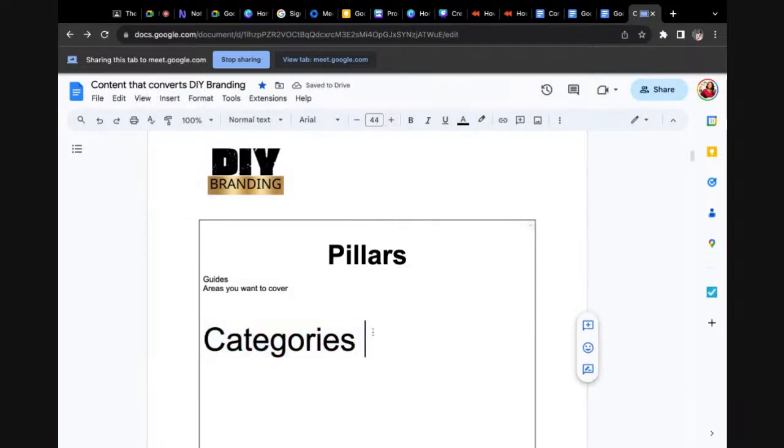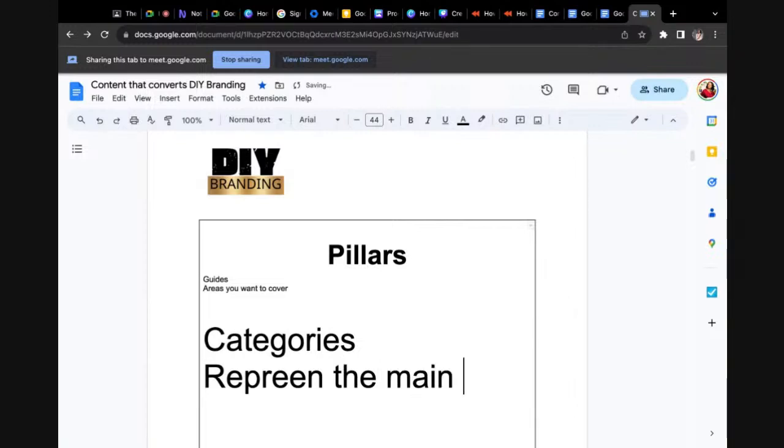However, when we look at these broad categories, they are determined by something else. They're not just broad categories for being broad categories, because they represent something. They represent main ideas or main areas of focus of your content strategy.